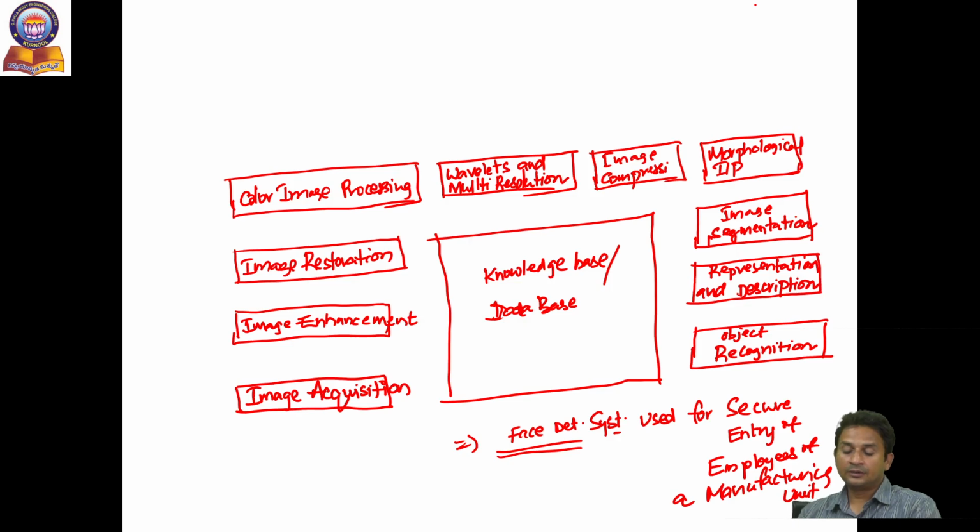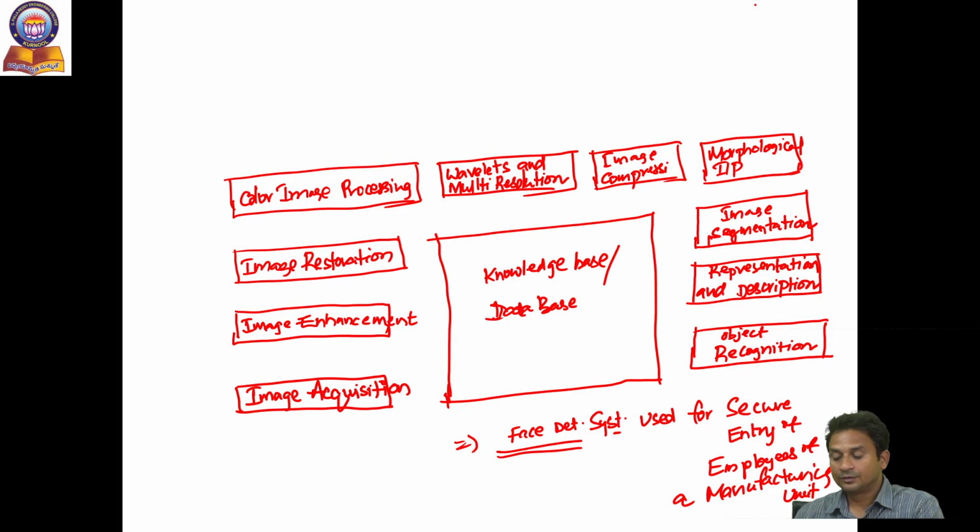So we can design a simple image processing system which will identify the faces of the employees entering the facility, and once the employee is identified as a verified employee, the system has to allow this employee to enter the premises by opening the doors, something like that.